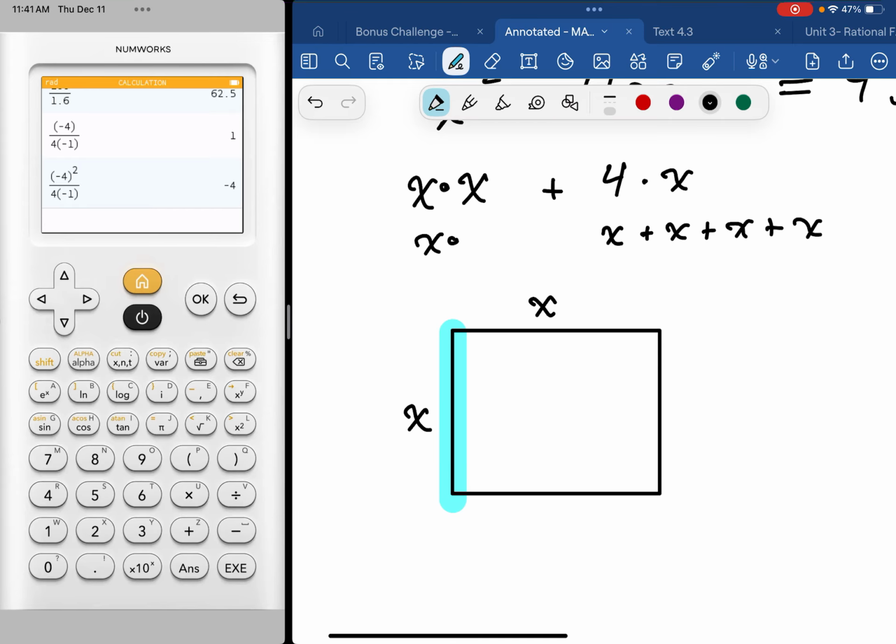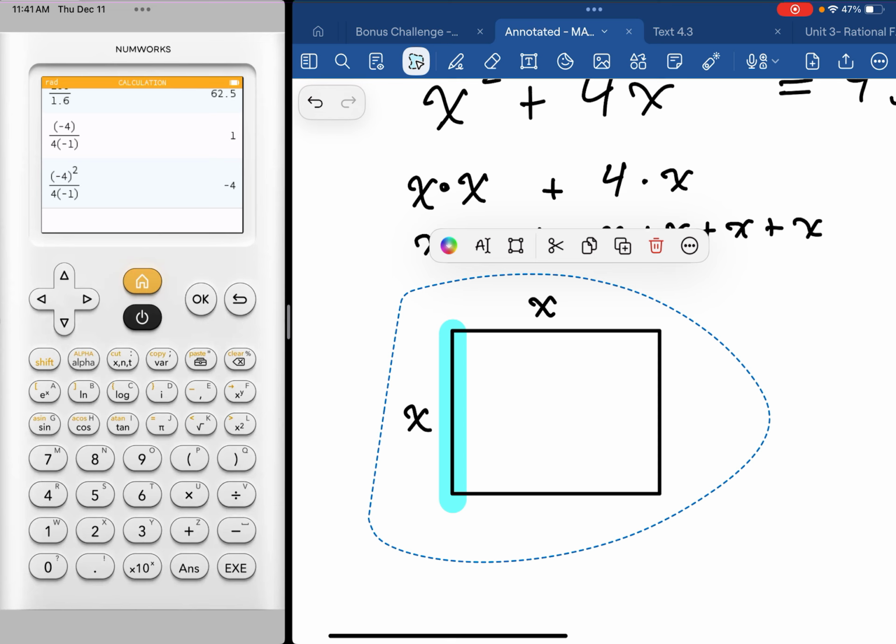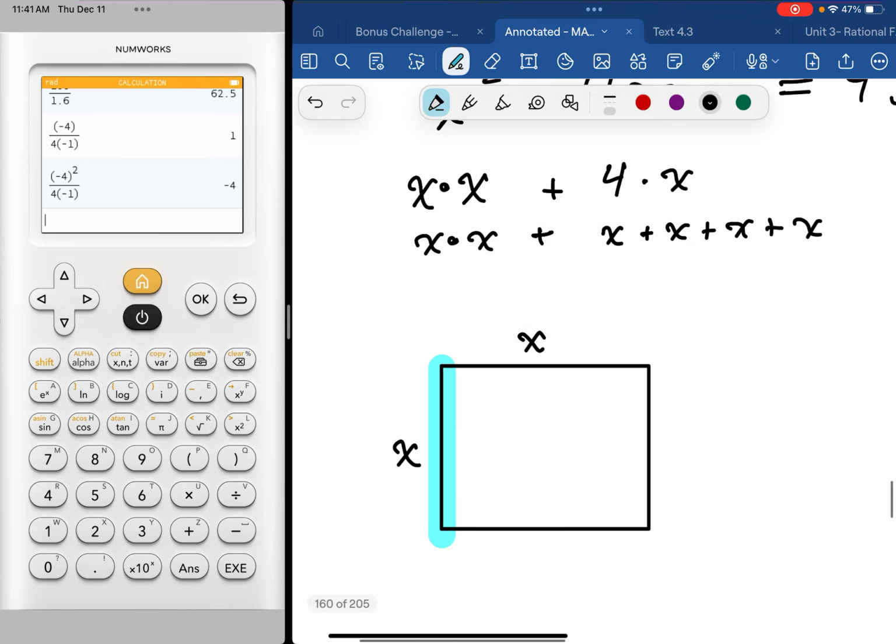So we have the x times x, then plus another x plus x plus x, and so on. I'm going to smidge this down just a little bit more. Each one of those can be thought of as an x by 1. So I'm going to establish some length that represents 1. I'm going to call this rectangle here 1.